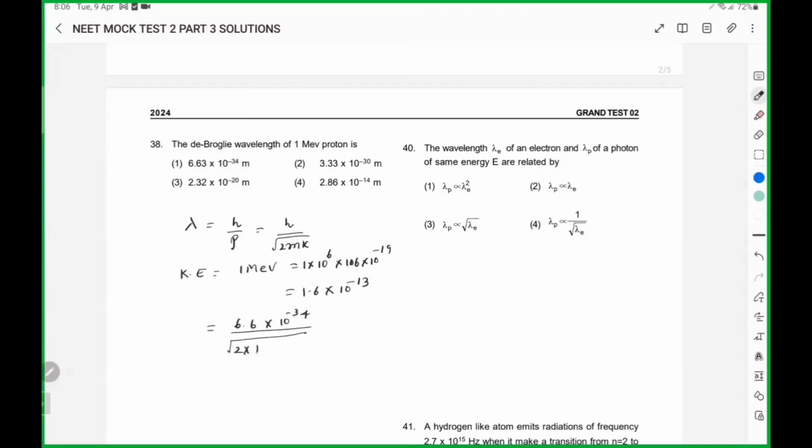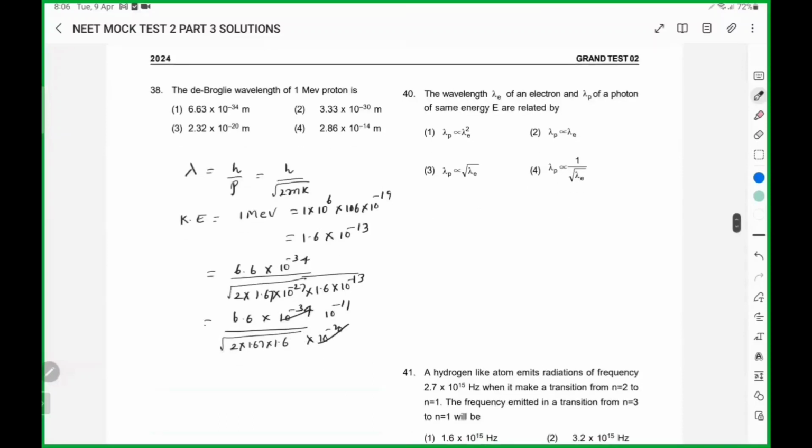Mass of the proton is 1.67 into 10 power minus 27 into 1.6 into 10 power minus 30. 6.6 into 10 power minus 34 by root of 2 into 1.67 into 1.6 into 10 power minus 20. So it is 6.6 by roughly 1.6 into root 2 into 10 power minus 11.